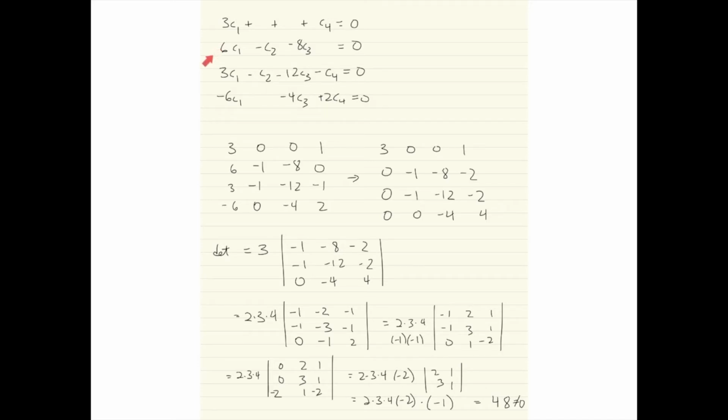The second equation here comes from looking at the row 1, column 2 position of the 2 sides of the equation on the previous slide, and so forth. So then we've now got 4 equations, 4 unknowns, and we've seen throughout the course that we just convert all this into a matrix, and 3, 6, 3, negative 6 is the first column.